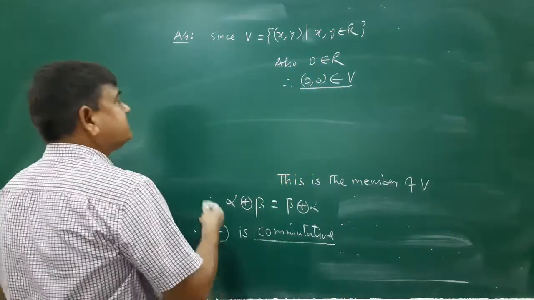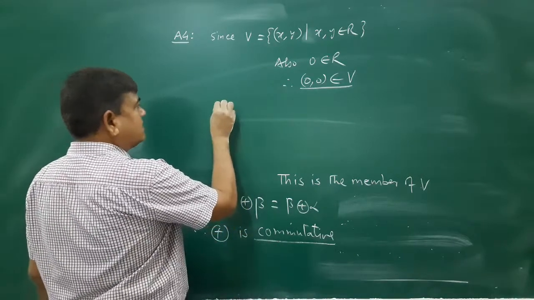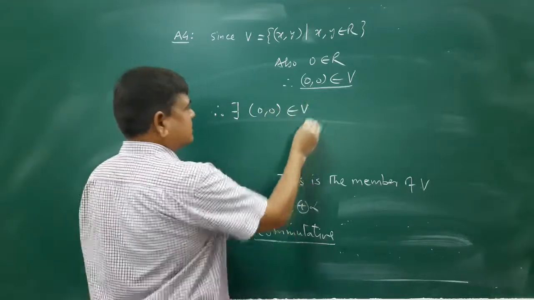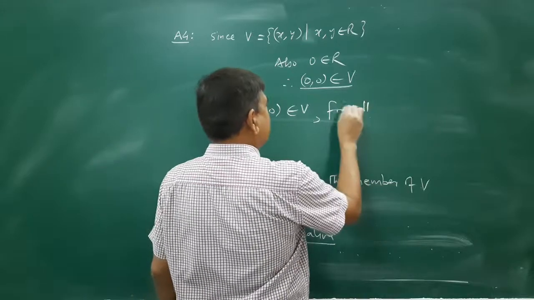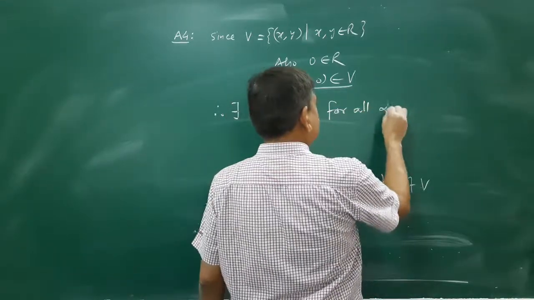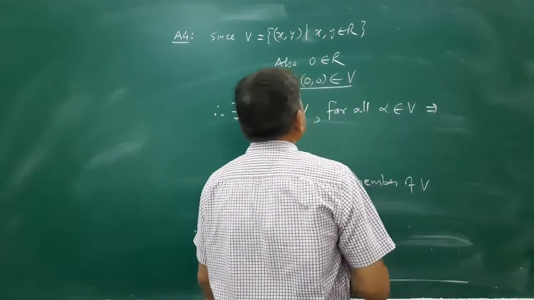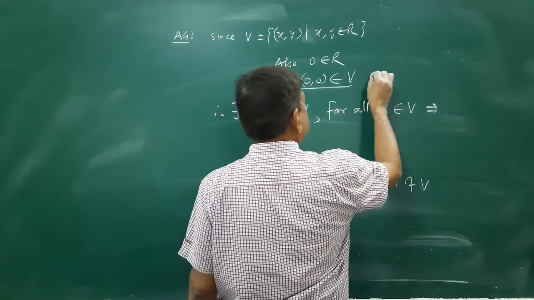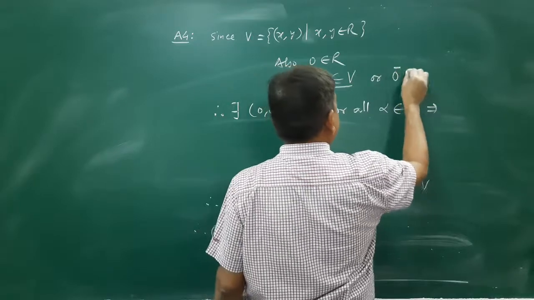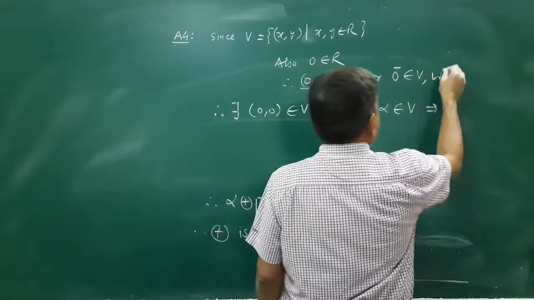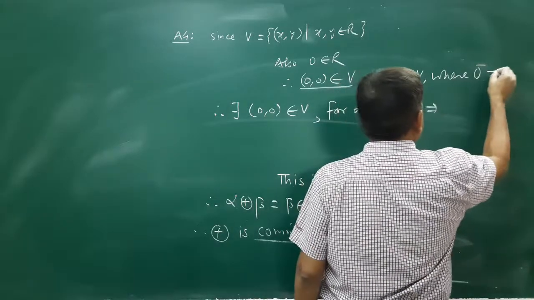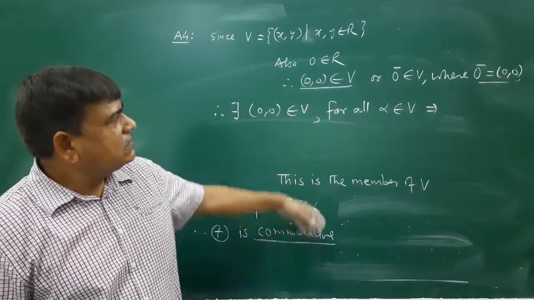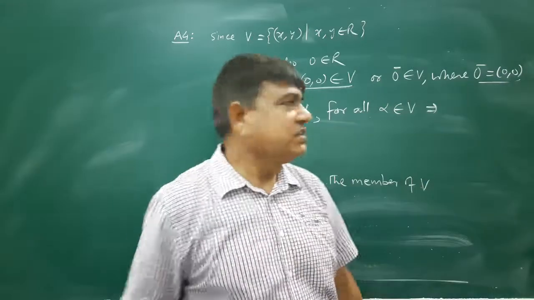Okay, so now I write. Therefore, there exists, for all alpha belongs to B implies, suppose I say, if I denote like this, then there is no confusion.